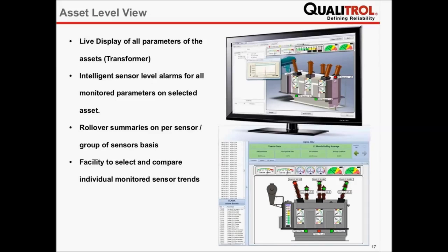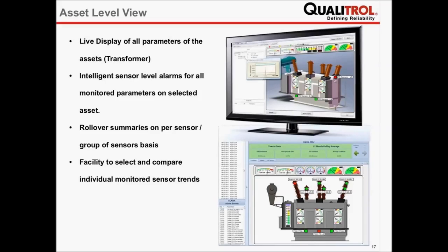If I go to the individual transformer or individual asset level, I should see that particular transformer with all parameter status. This screen should have temperature, oil pressure, oil level, bushing monitoring parameters like capacitance, tan delta, partial discharge, DGA related parameters, and tank partial discharge related parameters.